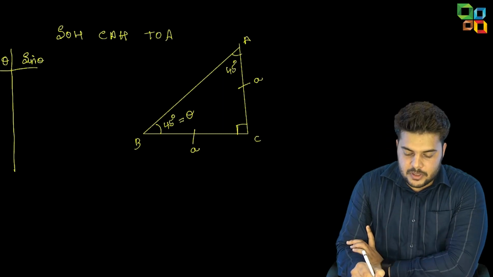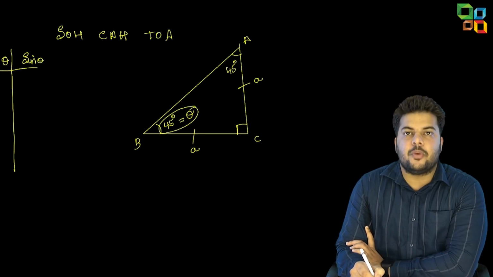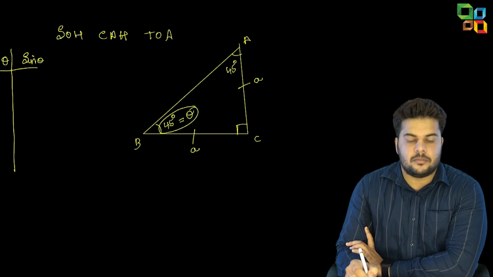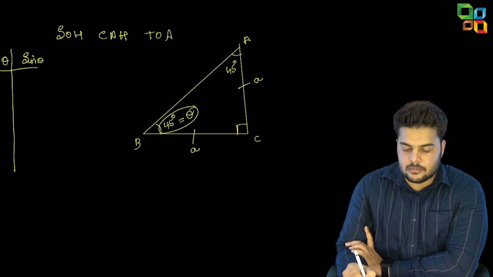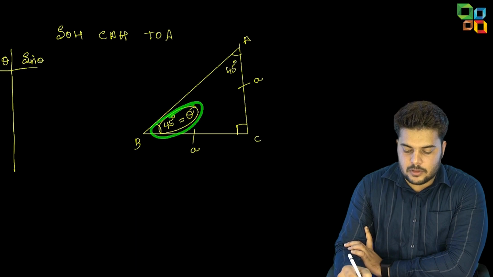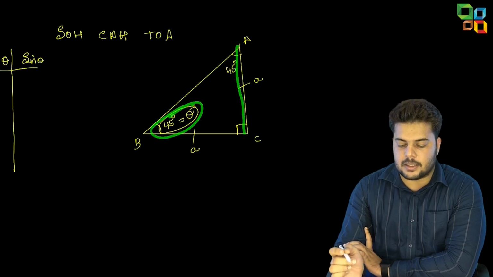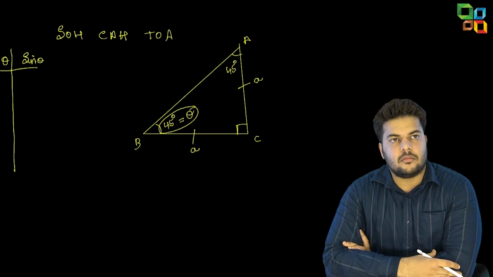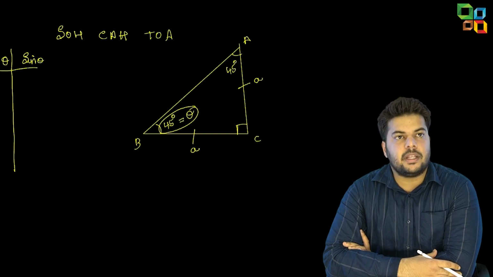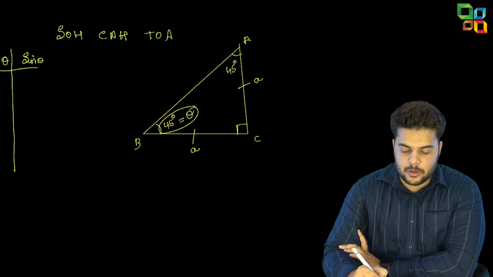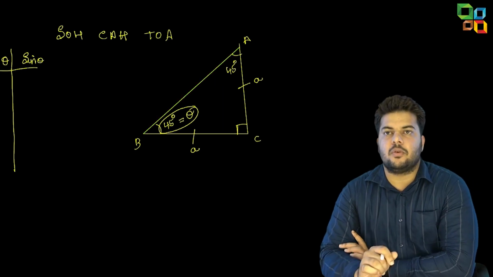Opposite to whichever angle you call theta. In this case, the side opposite to theta is AC. So we know the length of the opposite side, A, divided by the hypotenuse, SOH.